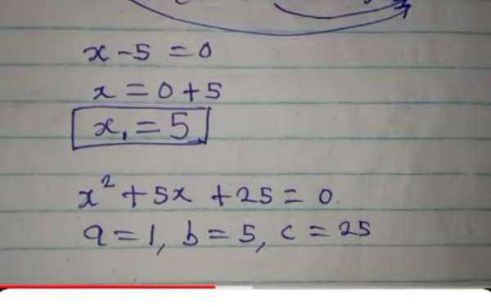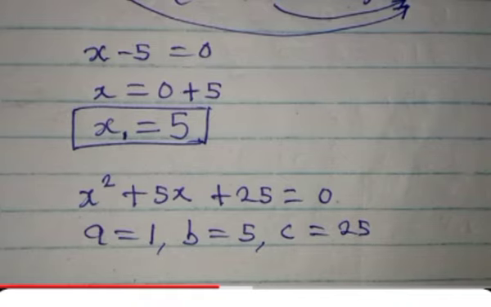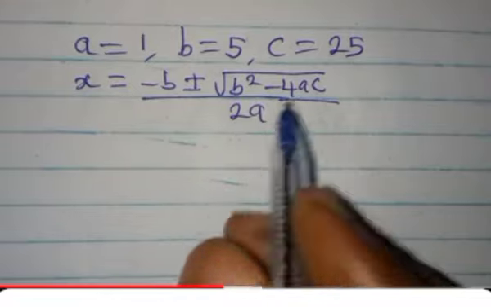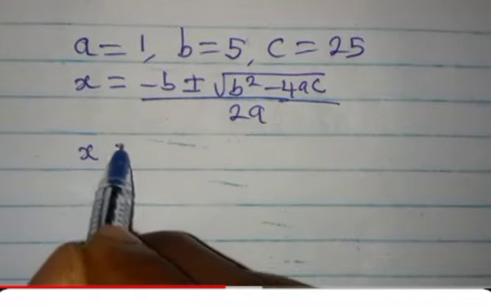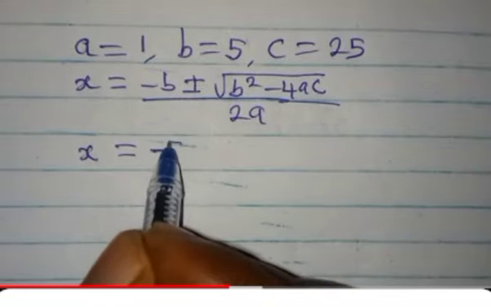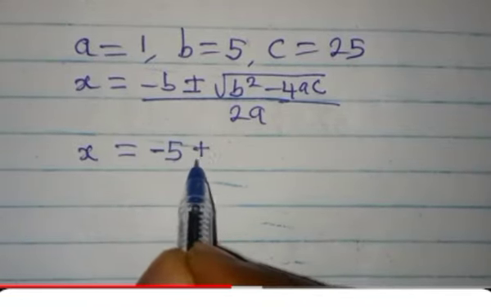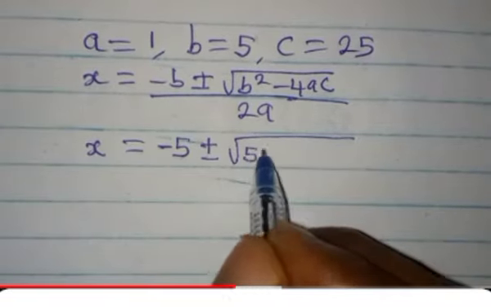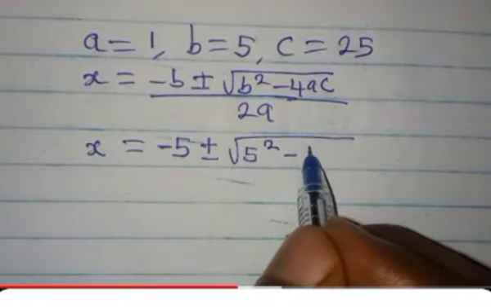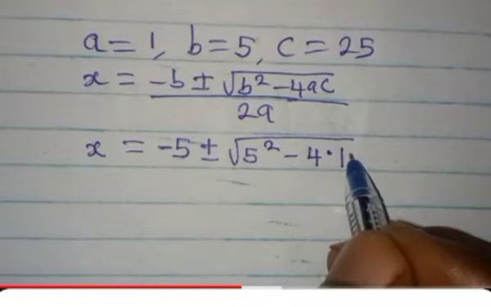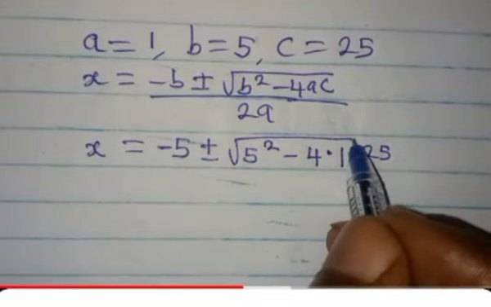And then what is the formula? The quadratic general formula. Okay, so this is the quadratic general formula. So our x will now be, in place of minus b, I'll write minus 5, then plus or minus the square root of, in place of b squared, I write 5 squared, then minus 4 times a, which is 1, then times 25.